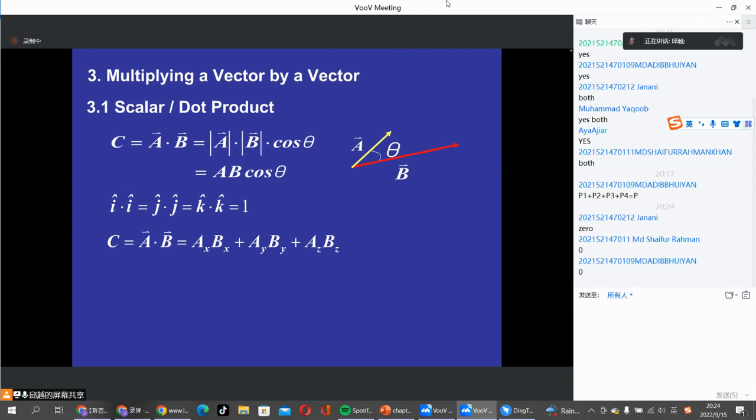So theta equals pi over 2, right? Cosine pi over 2 equals 0. So we have unit vector i dot unit vector j equals 0.